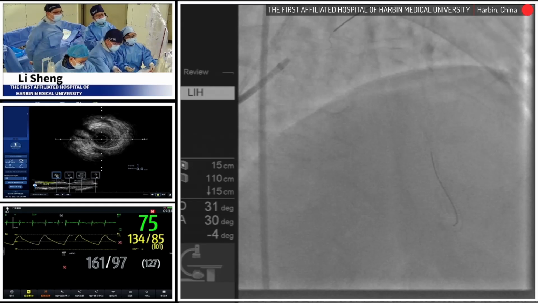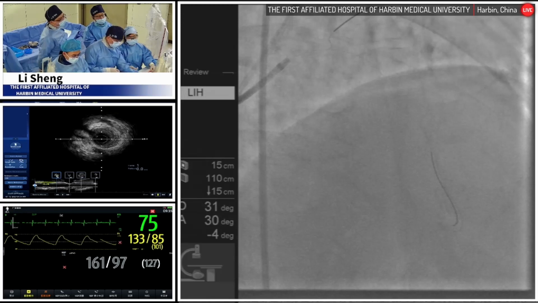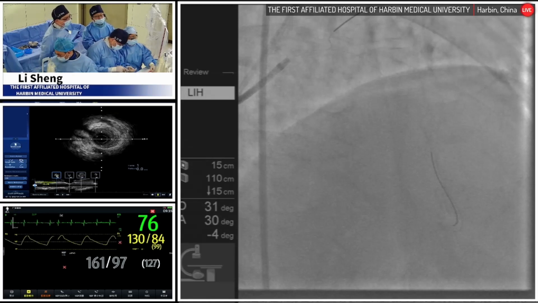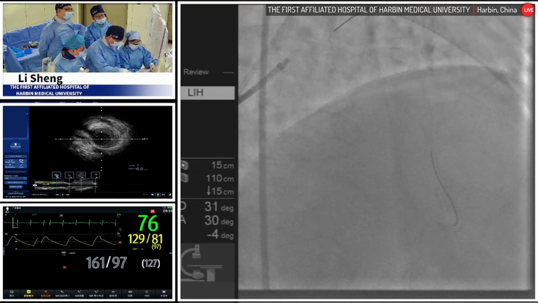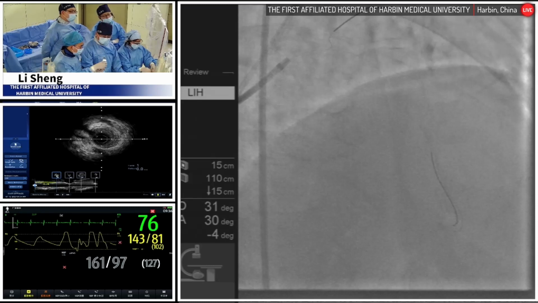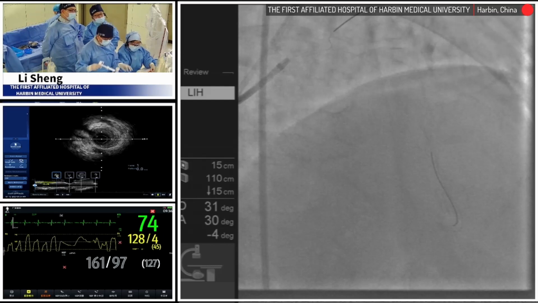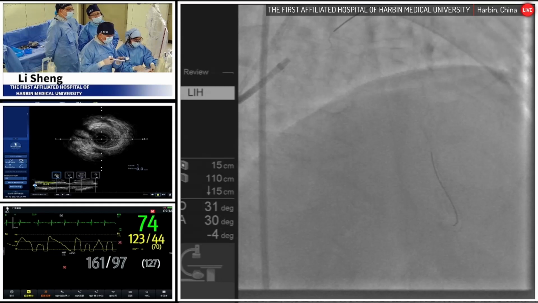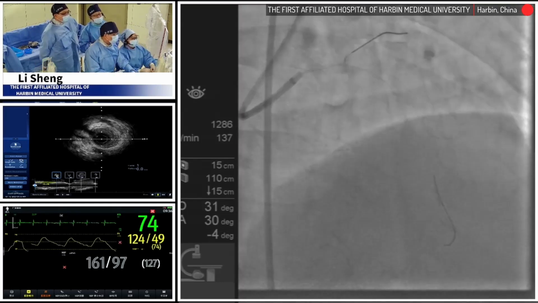So I think this is why we need a product like UFR, the FFR based on IVUS, or OFR, the FFR based on OCT. We need to know more about the plaque and the structure of the vessel. If we can combine the imaging test and the functional assessment, that would be perfect, right? Because once for all, we can get everything we need.